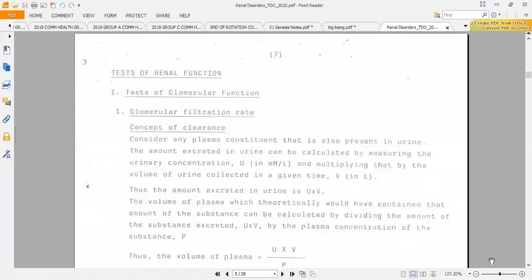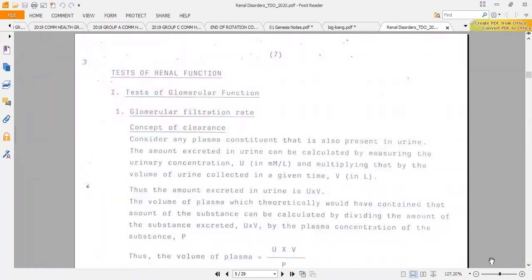Now, when you talk about the GFR, the glomerular filtration rate, what are we talking about? I've already emphasized that the kidneys receive 20 to 25% of the cardiac output, which is about 1 to 2 liters of blood in a minute. Now, all this blood is coming to the kidneys, and part of this blood is going to be filtered.